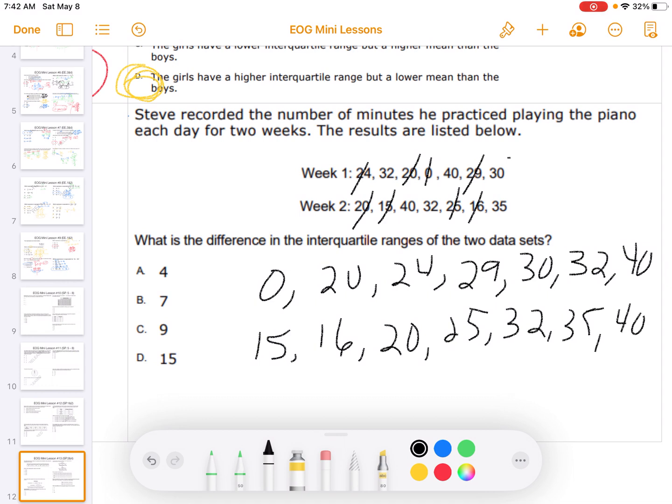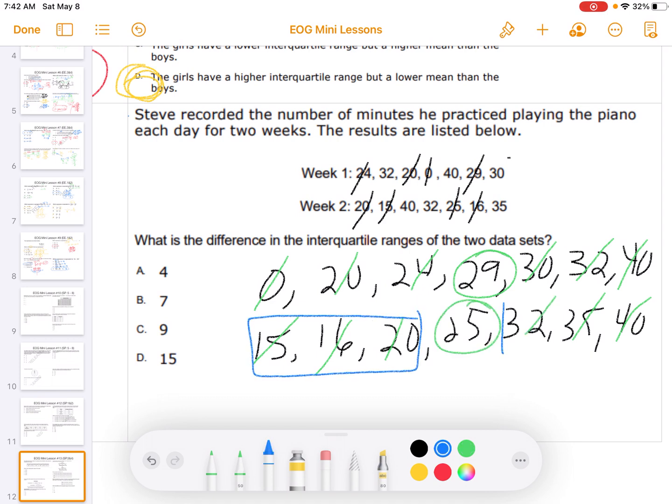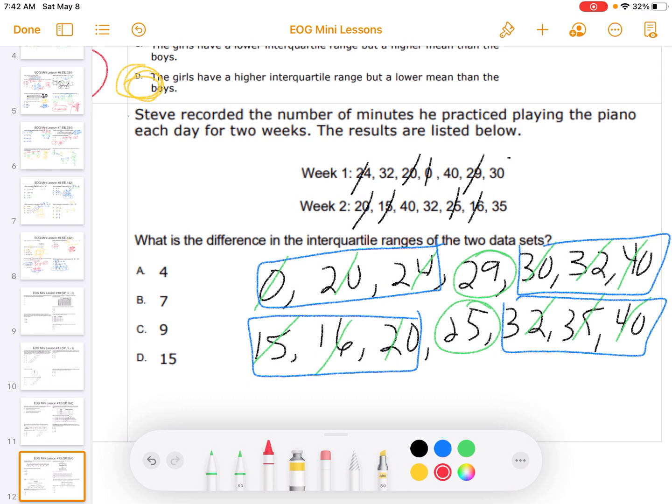All right. So then I'm going to find the median. Find the median again. Then I find the median of each box. And from here I subtract the third quartile and the first quartile.